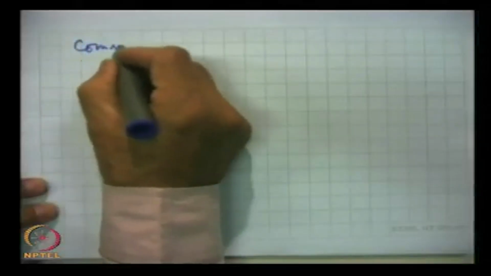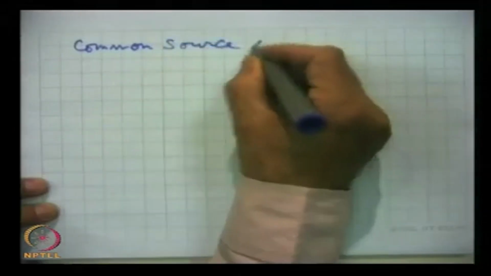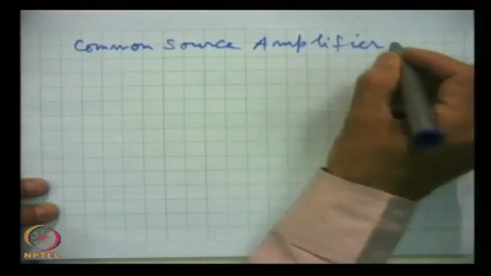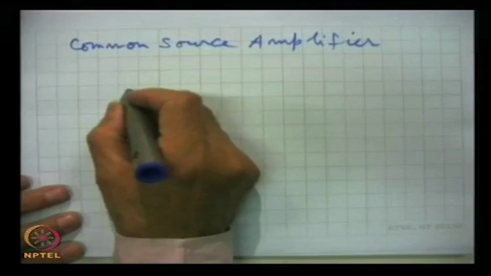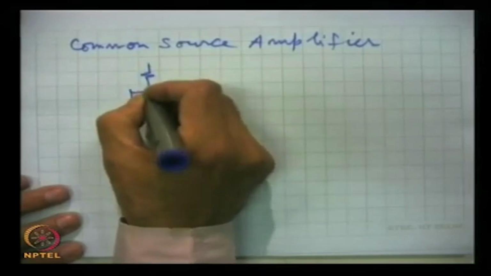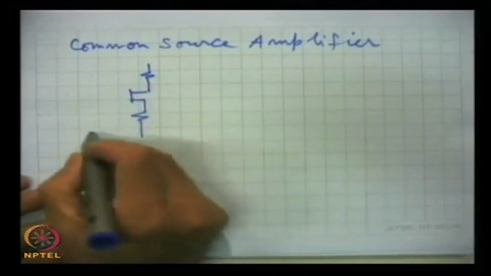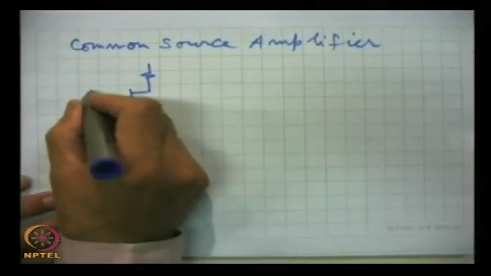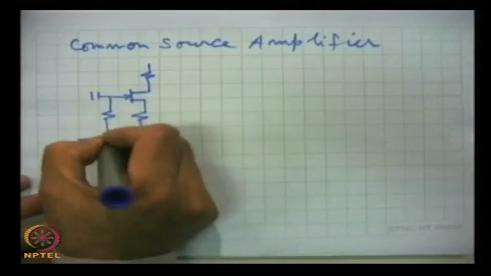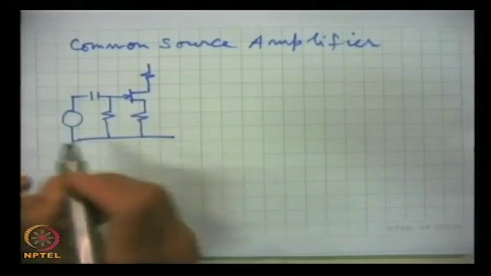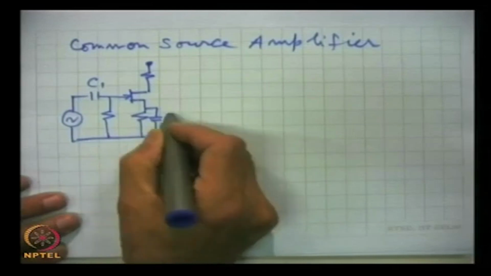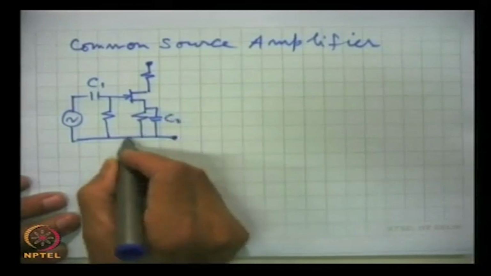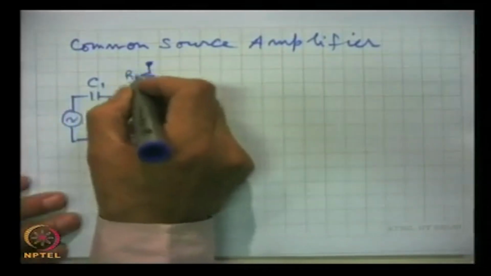First we take the common source amplifier, which for example with a JFET can be drawn like this. This is the circuit.